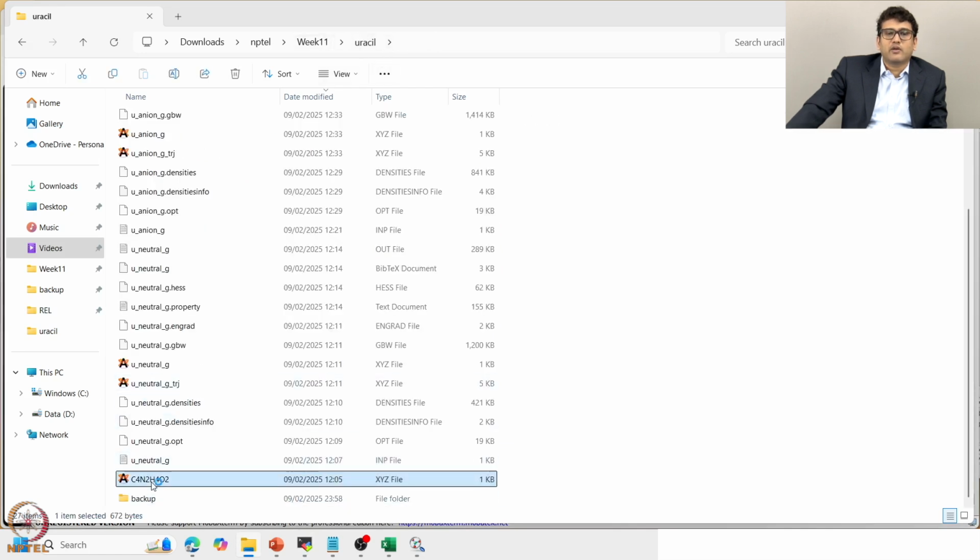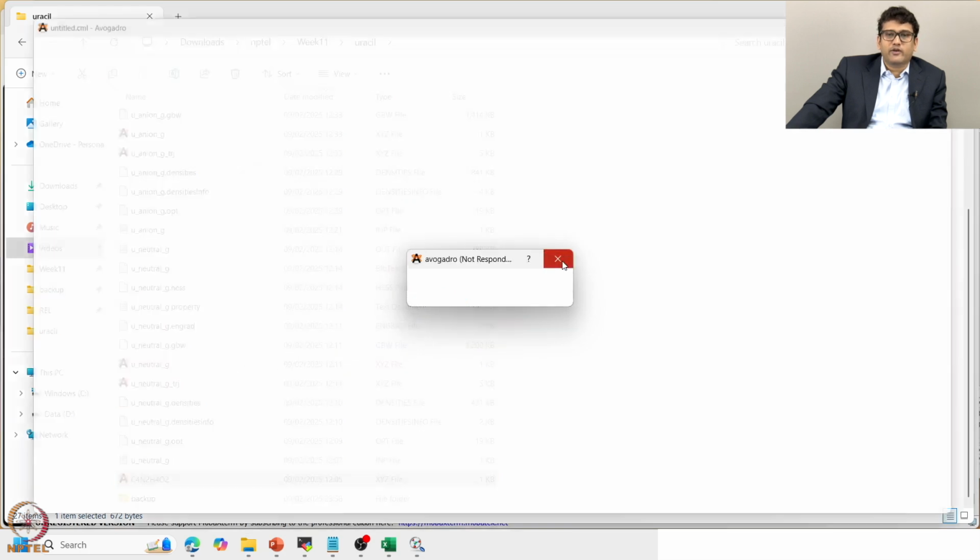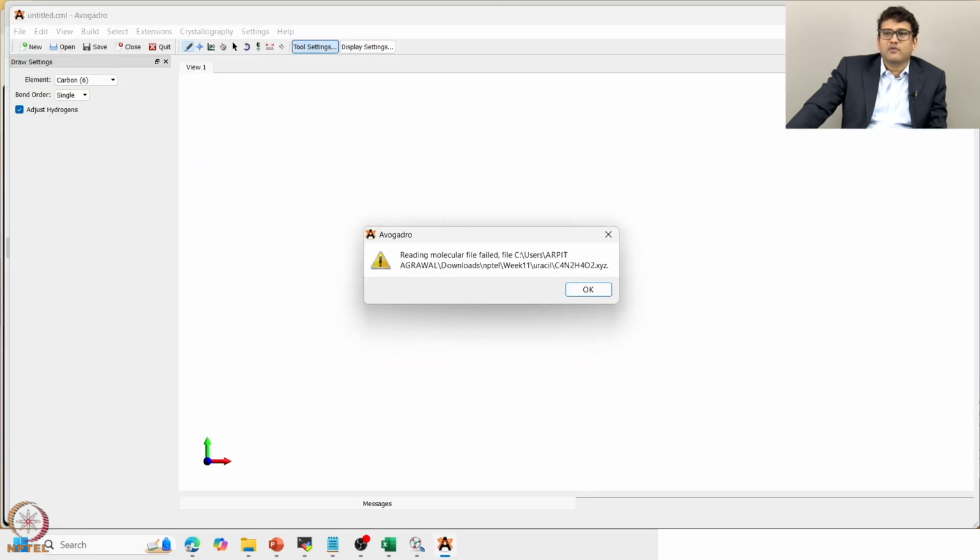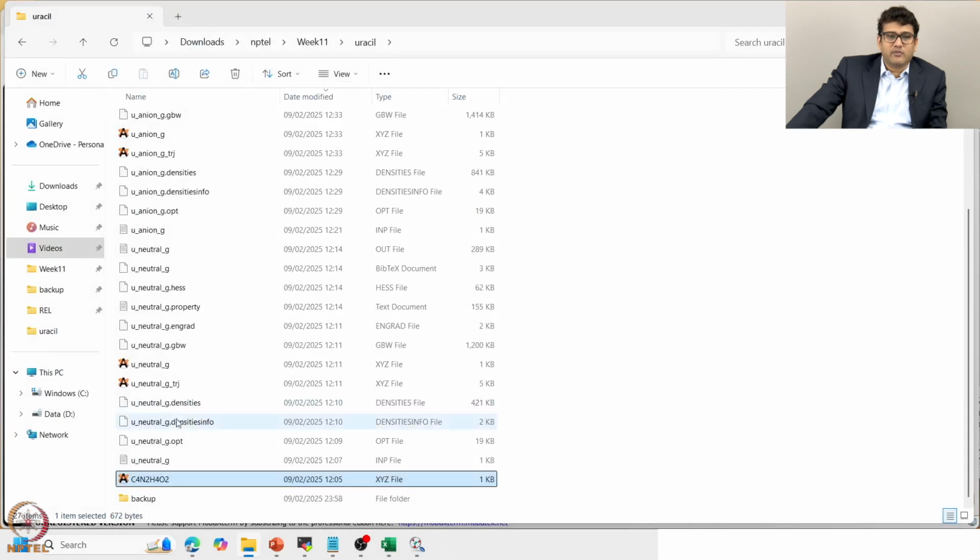So, this was my original uracil geometry. We can open it with the viewer, but it is not able to read it because it does not contain the number of atoms.